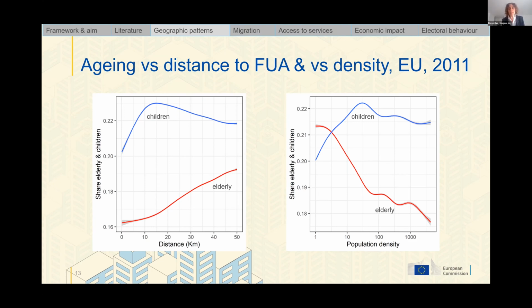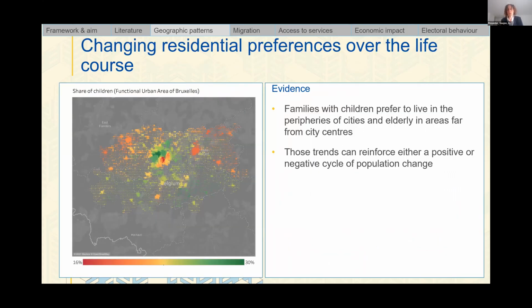The pattern is not so linear for children, but all these patterns are really linked to mobility over the life course, following patterns of employment, suburbanization, and mobility to rural areas for all the age groups. They differ a lot between countries, but these trends can really reinforce a positive or a negative cycle of population change.